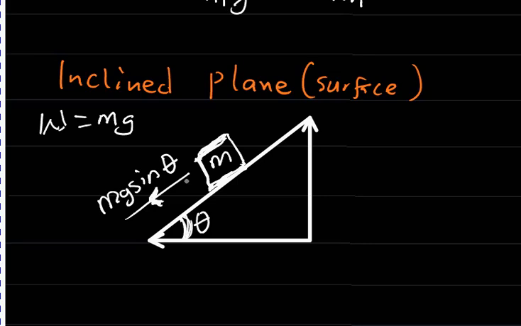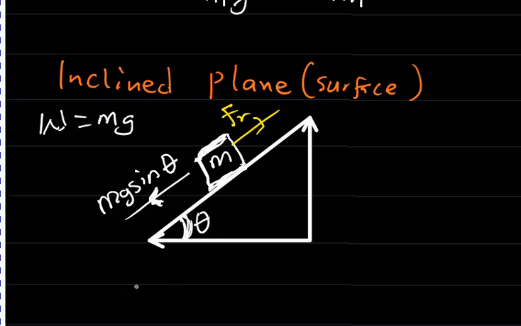So invariably for this inclined plane, this object should be sliding down, but something is going to withstand the downward movement of this mass, and that definitely is going to be frictional force. Frictional force will act in the opposite direction to the movement.